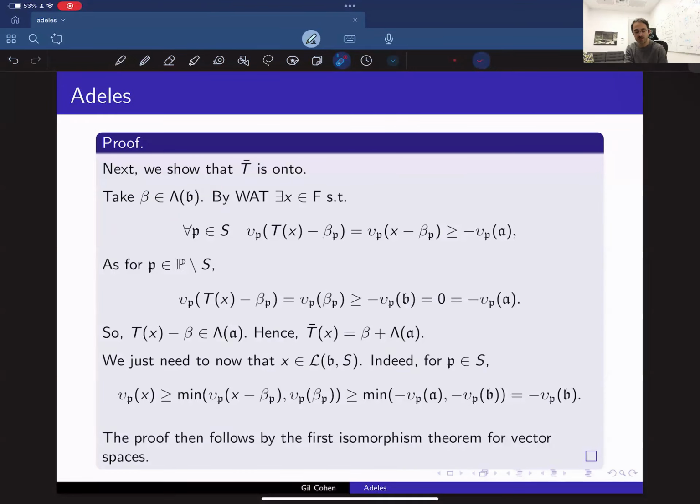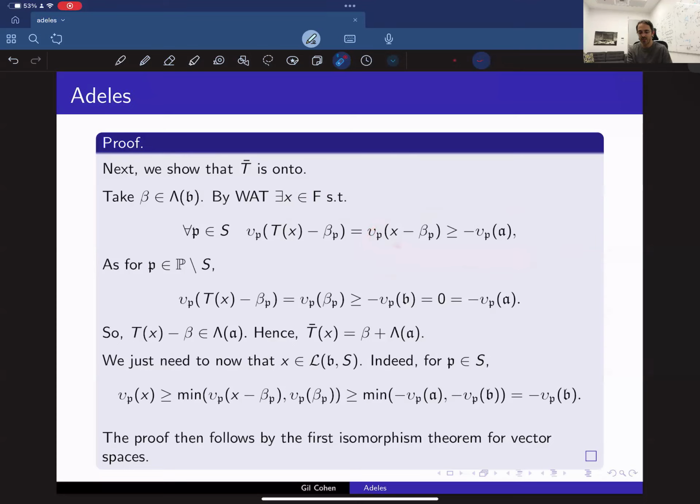By the weak approximation theorem, we are guaranteed that there exists some function x in F such that it satisfies these finitely many constraints. S is a finite set, and what are the constraints? My requirement is this thing. Let's read it from here.